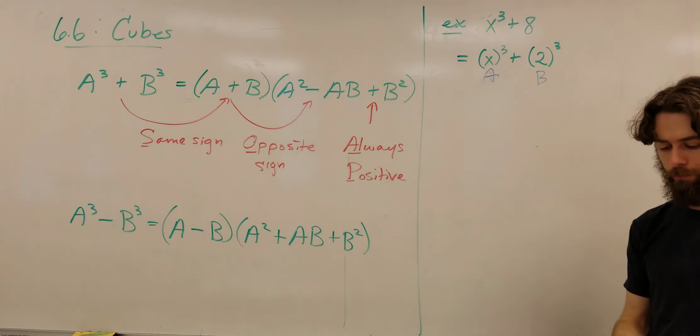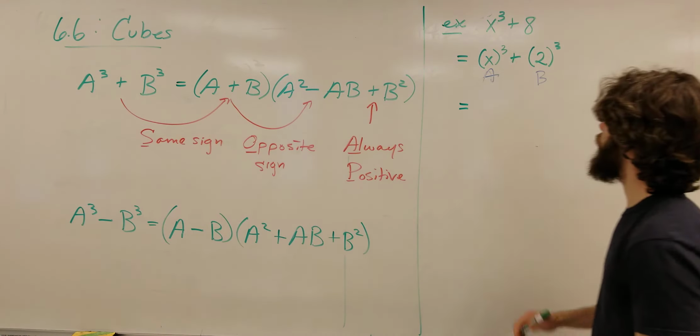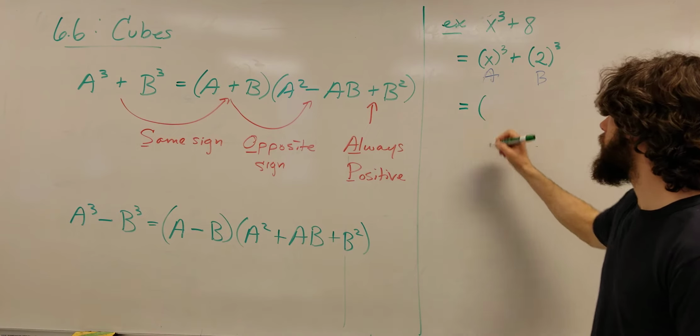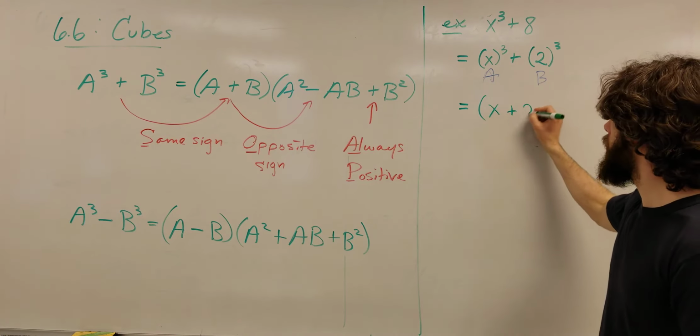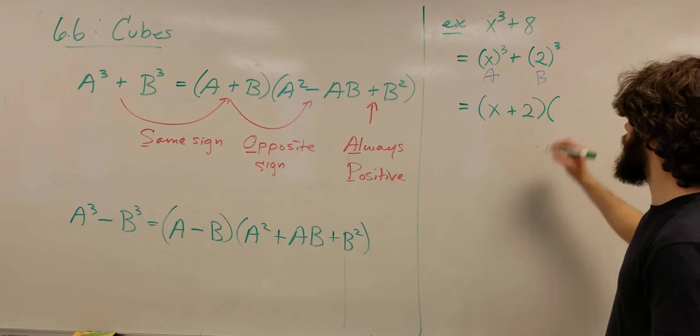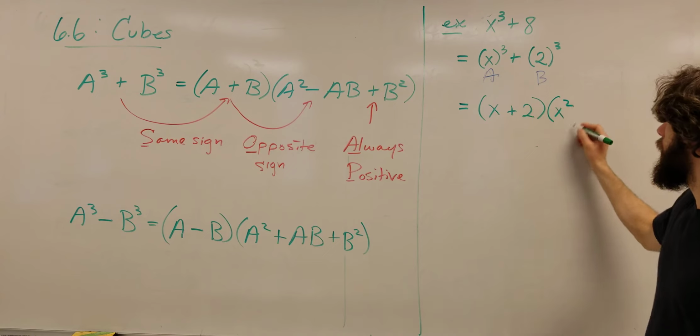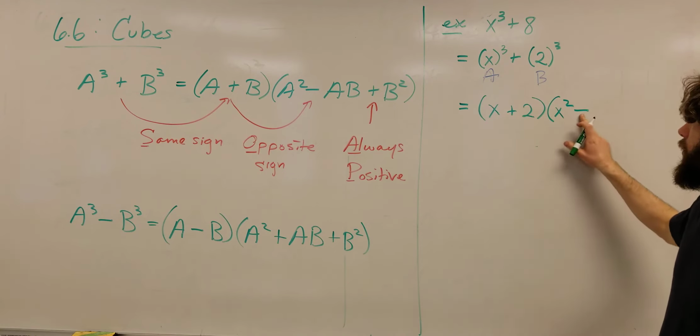Okay. So now we're ready to do the SOAP rule. So we have a plus b, so x plus 2. And then we have a squared, that's x squared, minus, because we need to switch to the opposite sign.